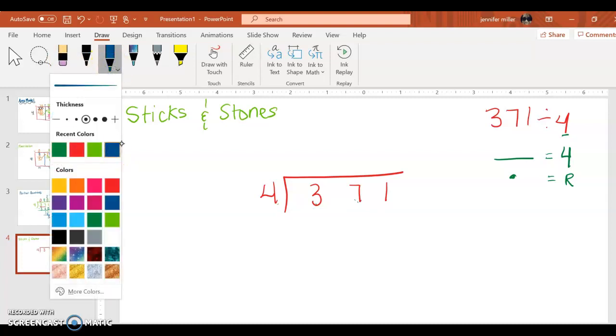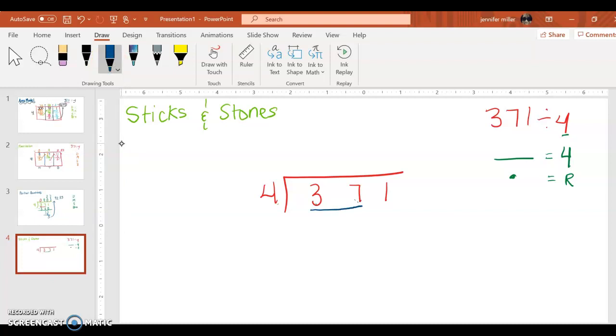4 goes into 37 9 times. So right underneath it, every time I can do a 4, I draw a line. So there's 4, 8, 12, 16, 20, 24, 28, 32, and 36. And then I still have one more to go to 37, so I put that extra one as a stone. And I don't want to call it a 1 because they're not always going to be in a ones column.